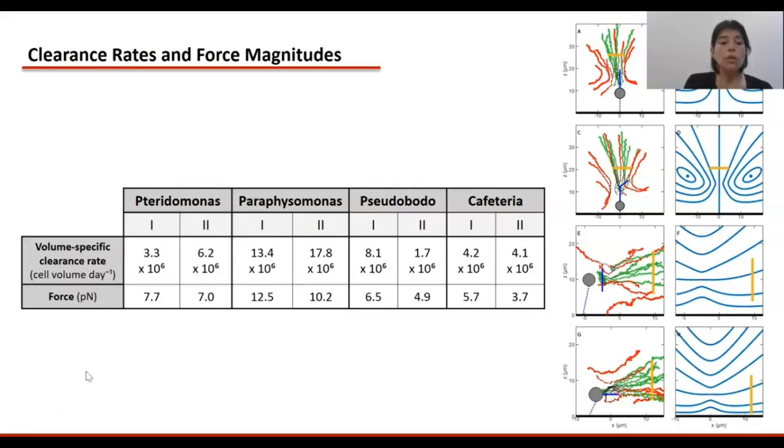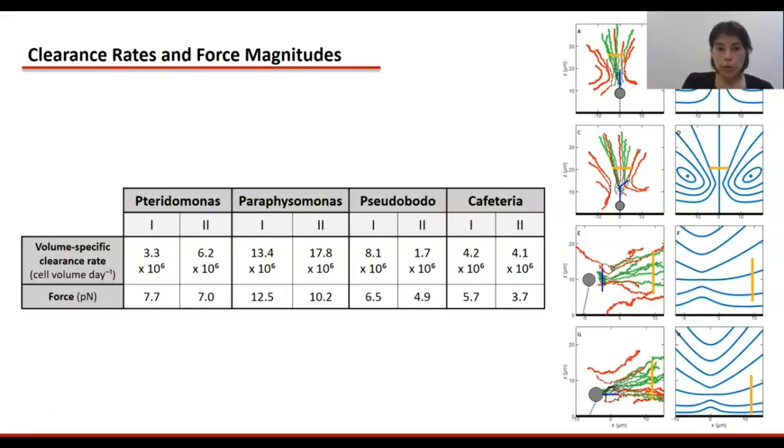And then the forces that were estimated are also in the range of 3 to 13 piconewtons, and this also agrees with other studies that have attempted to estimate the force being generated by the flagellum.